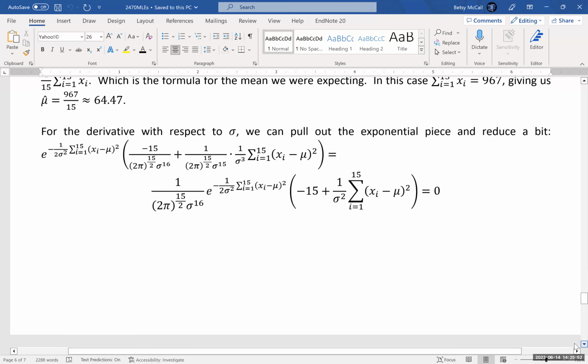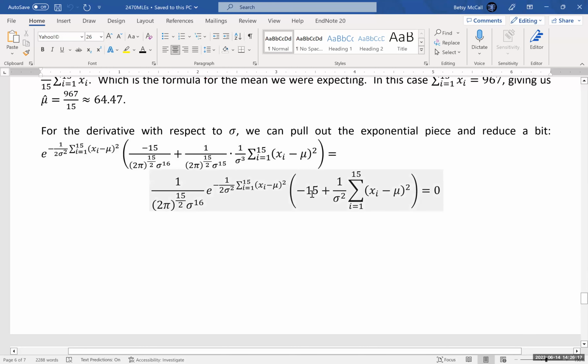Now for sigma, again, we're gonna have to simplify a little bit before we can go any further. We can pull out our exponential piece, which is in every single term. And then we can pull out some of our sigmas and our 2 pi to the 15 over 2 and things like that.